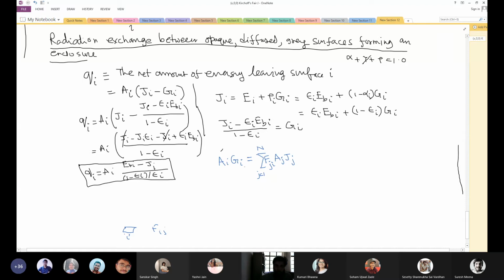This is another way of eliminating G. Now let us simplify a little: the summation over j equals 1 to n of Aj Fji Jj, and we can write it as Ai Fij by the reciprocity rule, Ai Fij equals Aj Fji. Jj remains as it is.